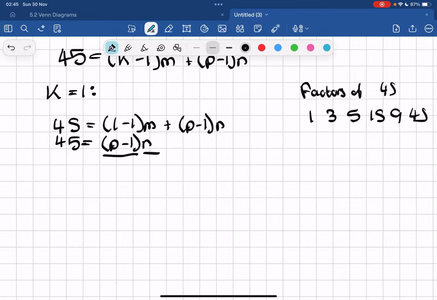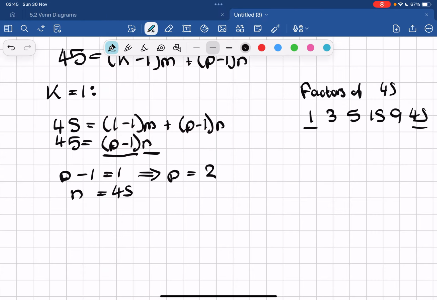So our largest factor is 45, and hence the smallest factor is 1. So p minus 1 can equal 1, n can equal 45, which means p equals 2.